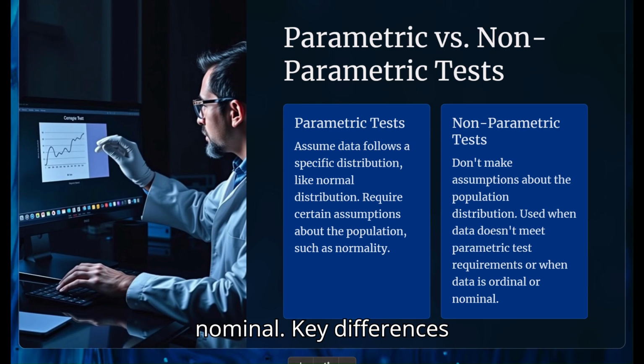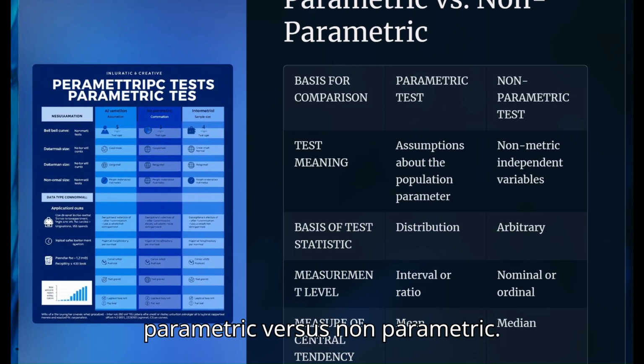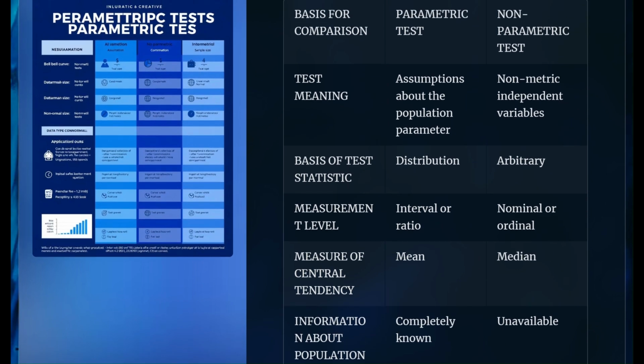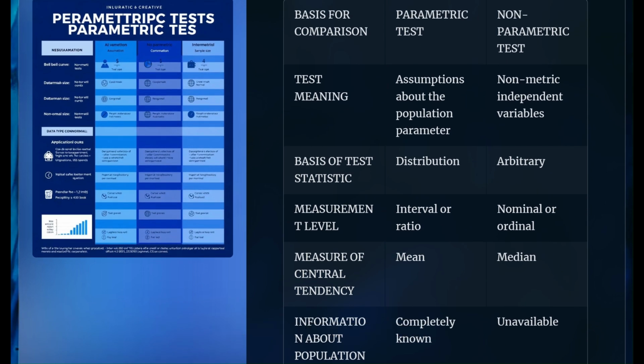Key differences: parametric versus non-parametric. Basis for comparison. Parametric test. Non-parametric test. Test meaning: assumptions about the population parameter. Non-metric independent variables. Basis of test statistic.